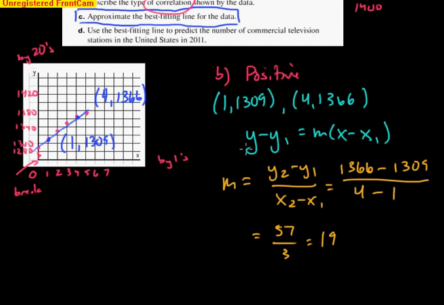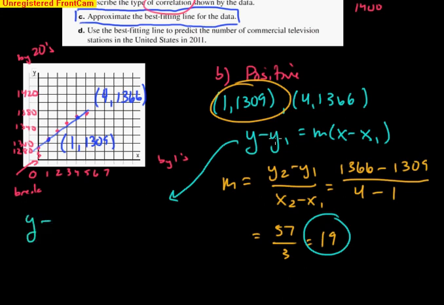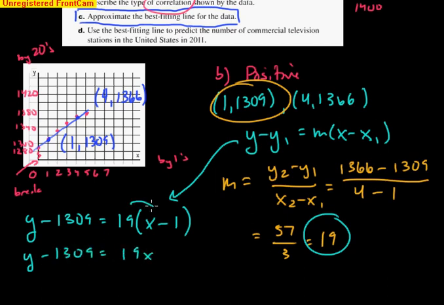That's my slope. So now I'm going to use point-slope with my slope m and the point of my choosing, which I'm going to pick the smaller one, (1, 1309). So I'm going to bring my point-slope form over here, and I'm going to do y minus y1, the y of your point, equals m times x minus x1, the x of my point. y minus 1309 equals 19(x minus 1).